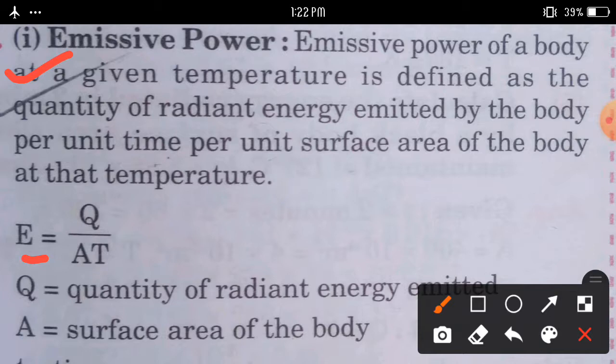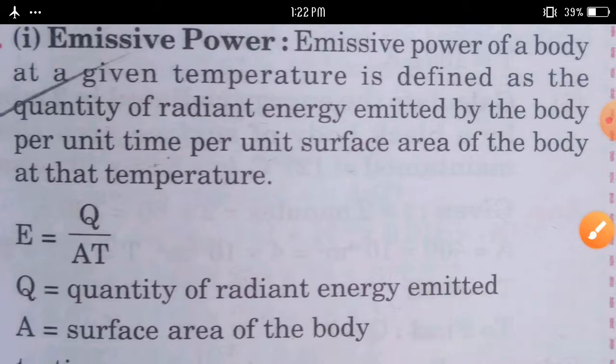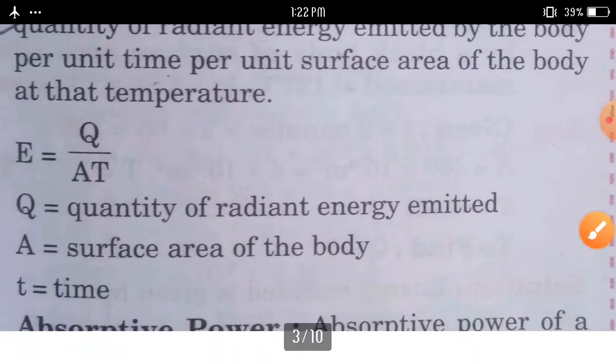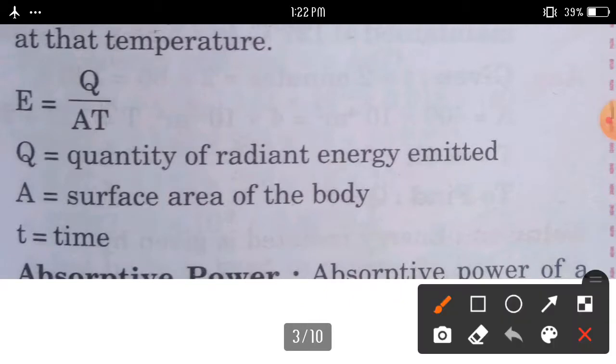Then emissive power is given by E is equal to Q upon A t. Here Q is the quantity of radiated energy emitted, A is the surface area of the body, small t is the time, and capital T is the temperature.